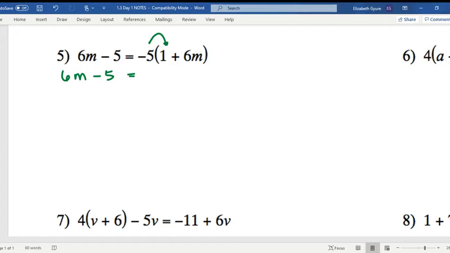Okay, Bailey. What do I do, Bailey? Very good, Bailey. So what's negative 5 times 1? Not a positive. A negative 5 times 1 would give us negative 5.